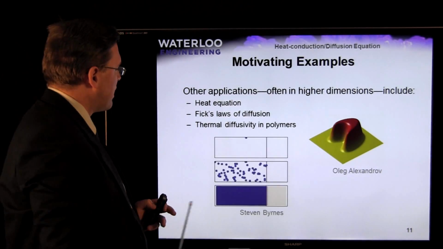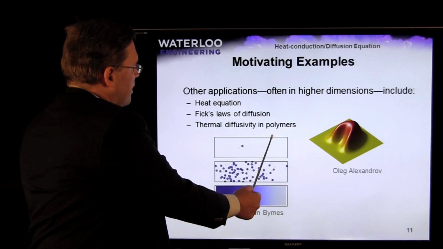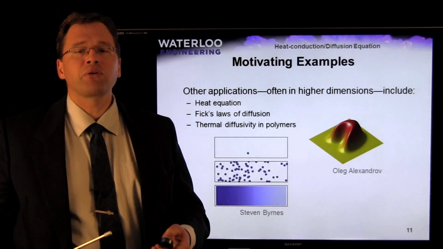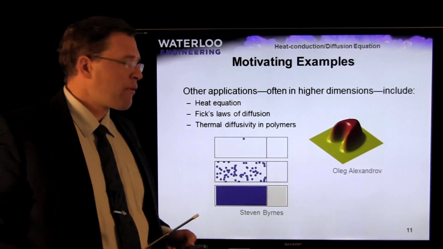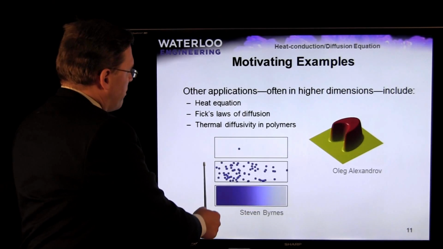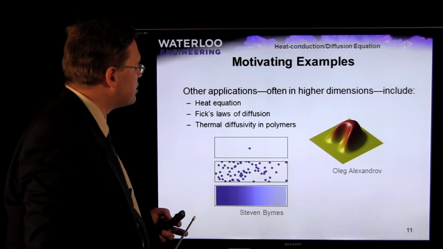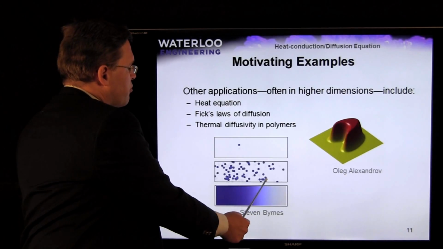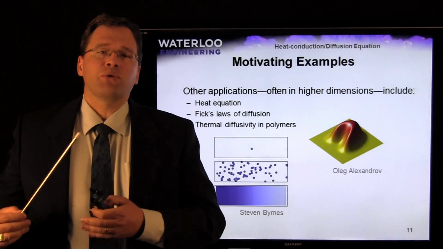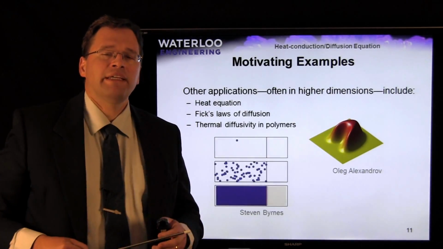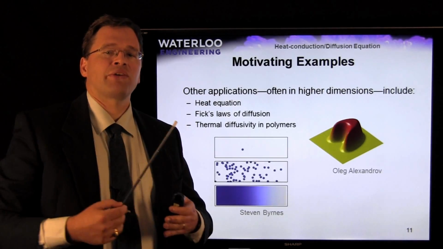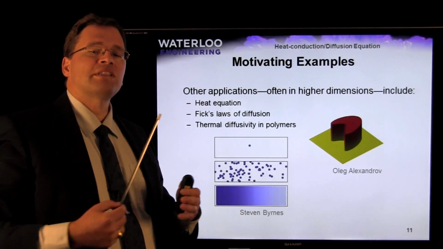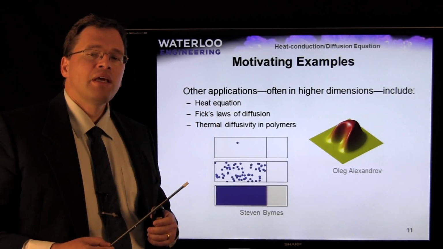If you have a box that has just a single particle in it and you remove a barrier, the particle will simply continue to move. However, if you start with a bounded region that has a number of atoms, and remove the barrier, then the atoms are going to start interacting. They will be pushing each other, bouncing off of each other, and pushing some of them into that other region.